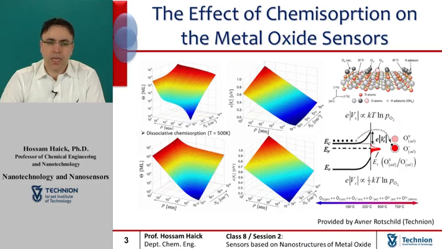This is actually a numerical model that solves the chemisorption isotherm in concert with the charge balance equation between the surface charge and the space charge in the depletion layer adjacent to the surface.